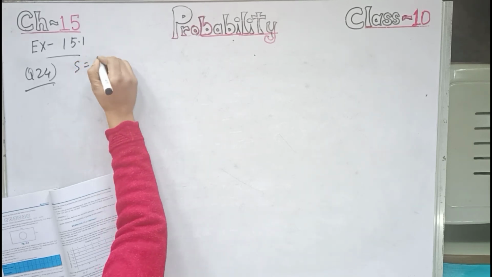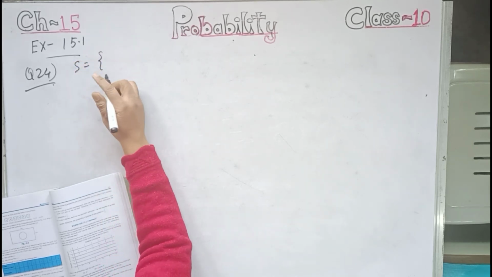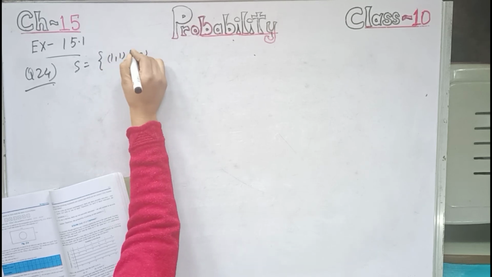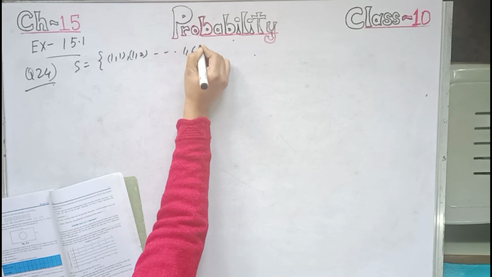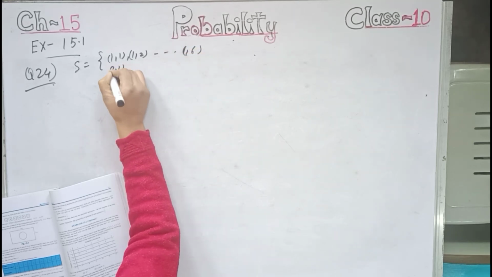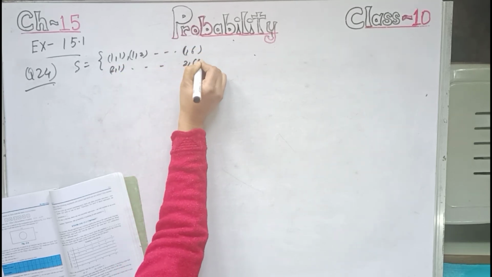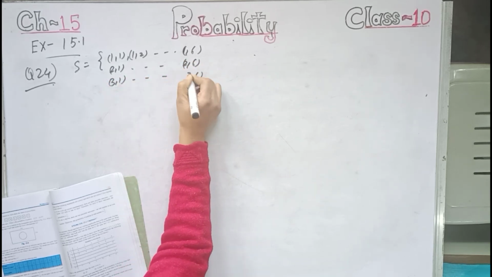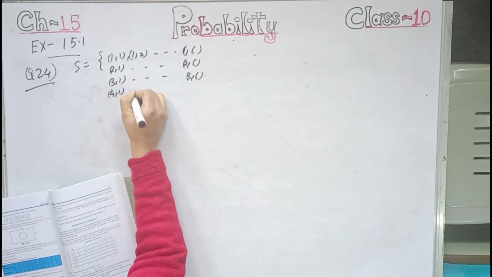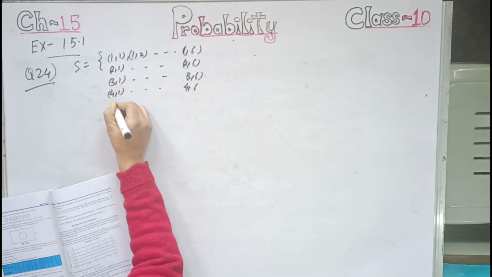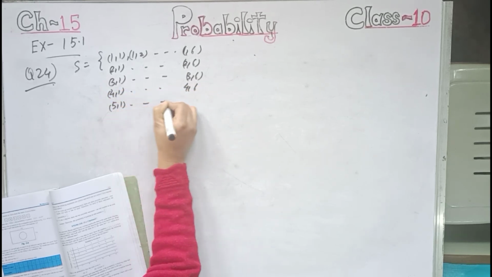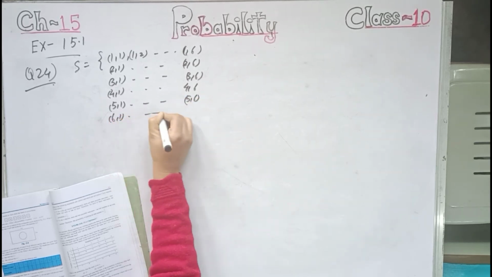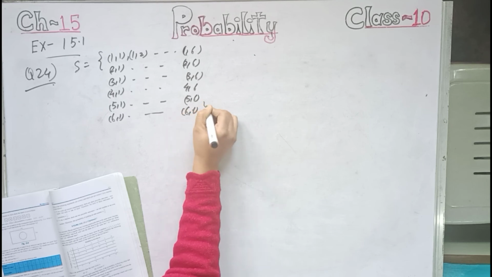So S equals all the events of the sample space. It will be 1 1, 1 2 and so on till 1 6, then 2 1 up to 2 6, 3 1 up to 3 6, 4 1 up to 4 6, 5 1 up to 5 6, and 6 1 up to 6 6.